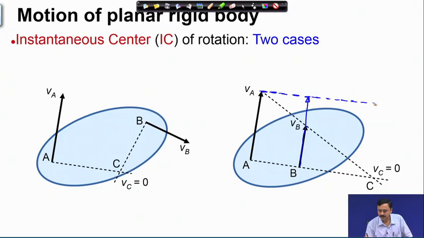What it means is that they will meet at infinity, thus this body is in pure translation, there is no rotation, because these two lines meet at infinity, C is at infinity. So, this body is in translation, which means the velocity of every point in that case is the same. Every point will have the same velocity, magnitude and direction.